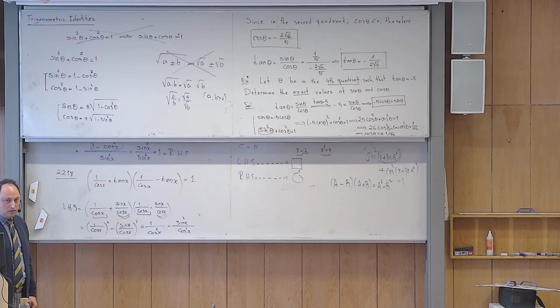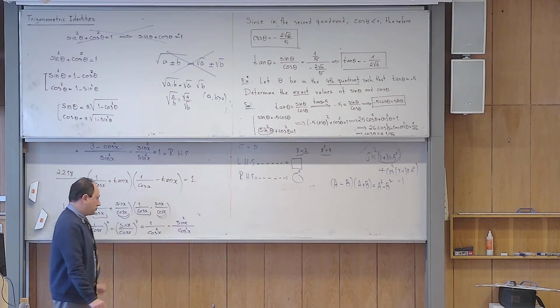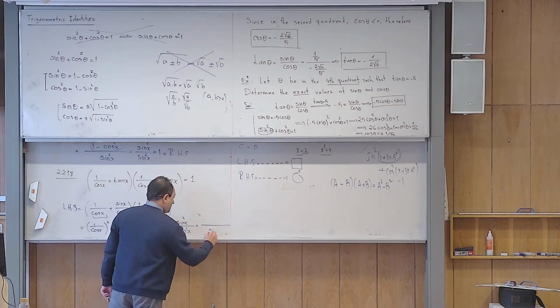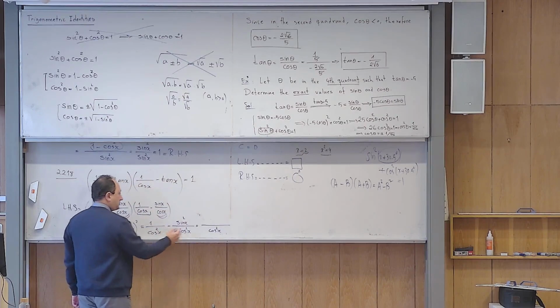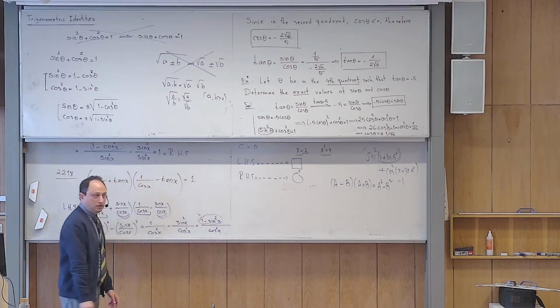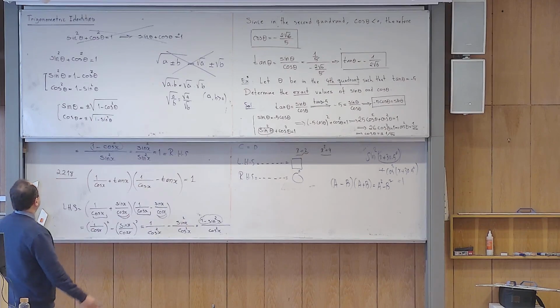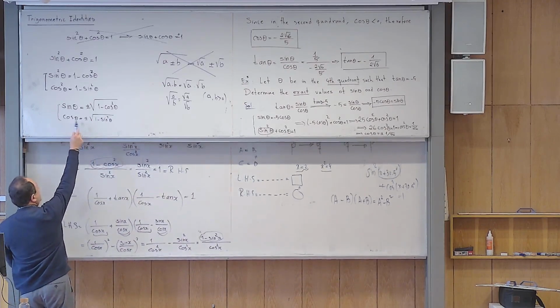Okay, what should I continue now? Now I know that 1 minus sine. So we have the common denominators. Don't jump ahead. Here we have the common denominator, so I put the common denominator, and I know that I can subtract the numerators. Again, this is a familiar guy in trigonometry: 1 minus sine squared x.